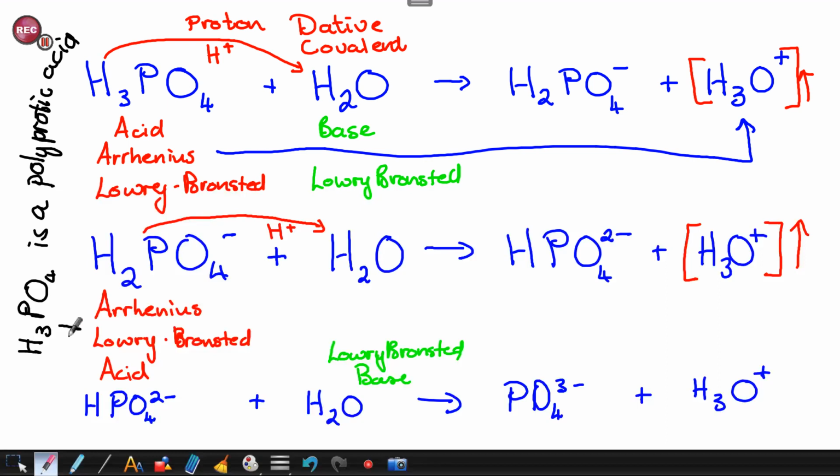So to be very specific, it's a triprotic acid. Sulfuric acid is a diprotic acid. Hydrochloric acid is a monoprotic acid. It's got one H. Nitric acid is monoprotic. Ethanoic acid is monoprotic. Oxalic acid is diprotic.